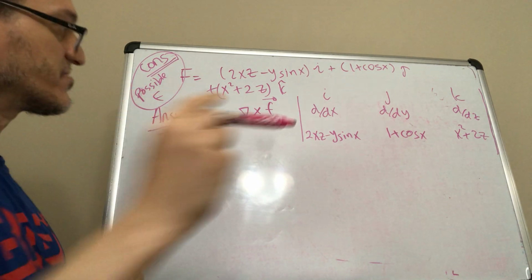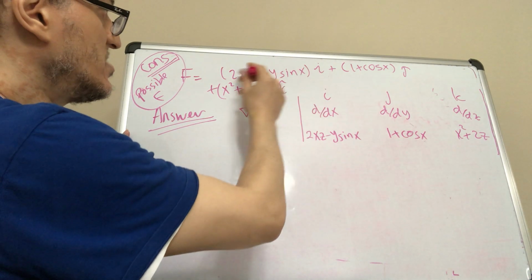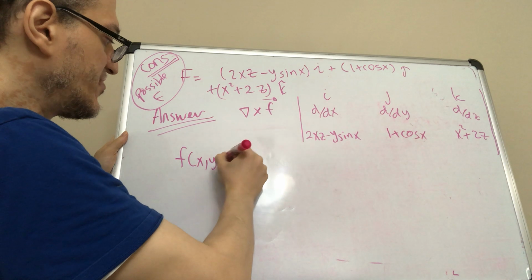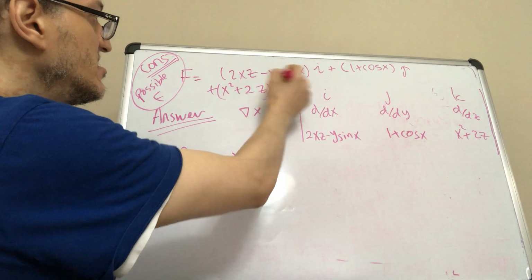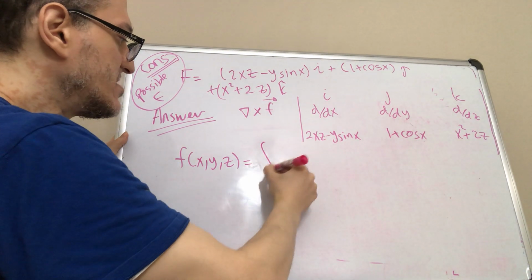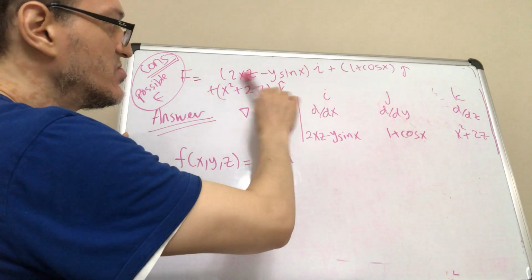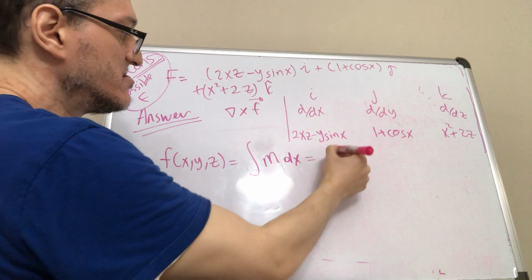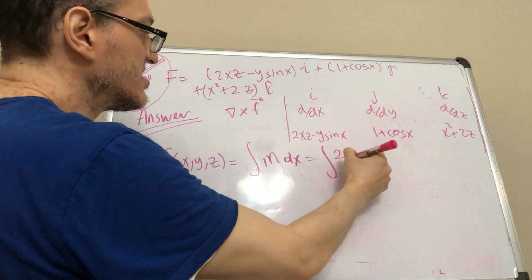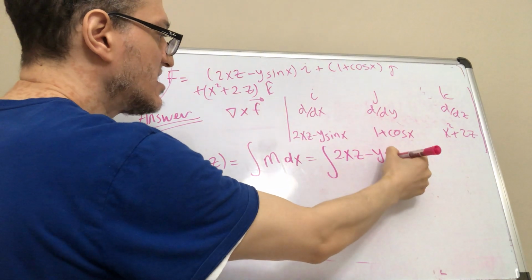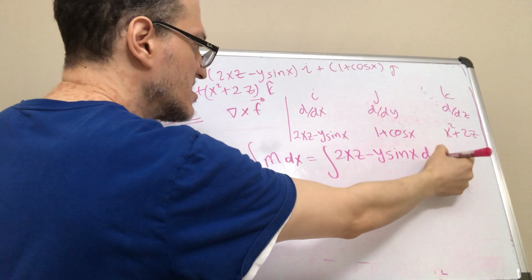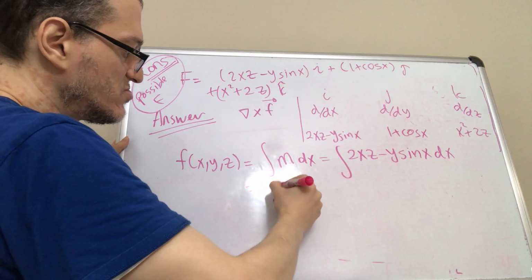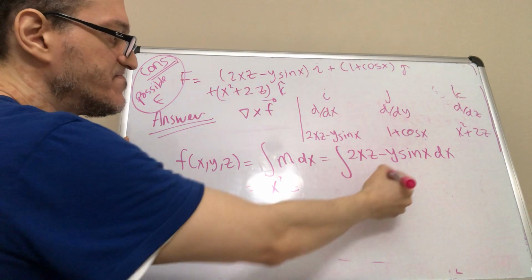Possible function: you take the first one, it's a function in terms of 3 variables. We integrate the first one, we call it m, dx. So you're going to integrate 2xz + y sine x dx. Integrating this would be x squared z.